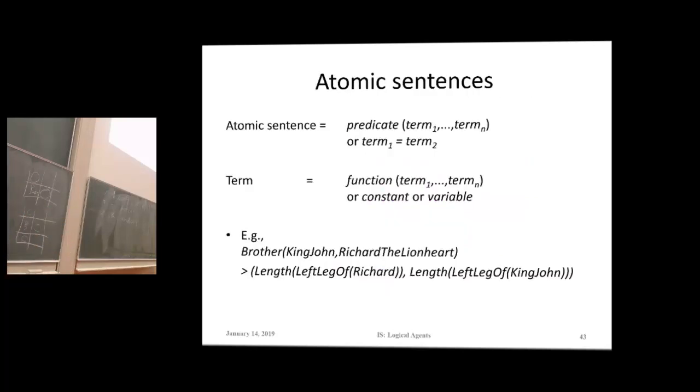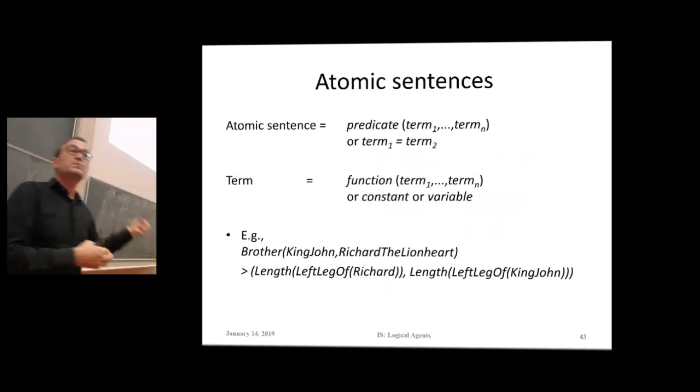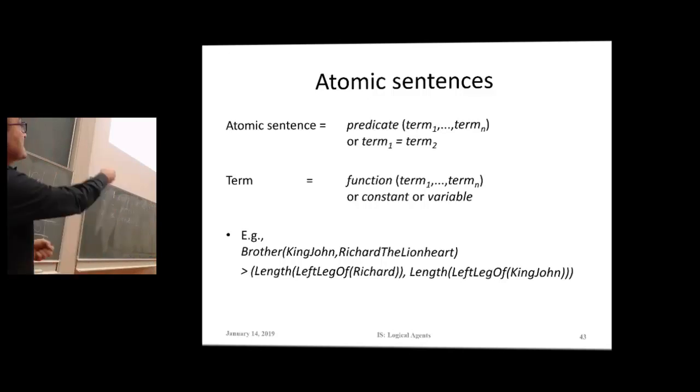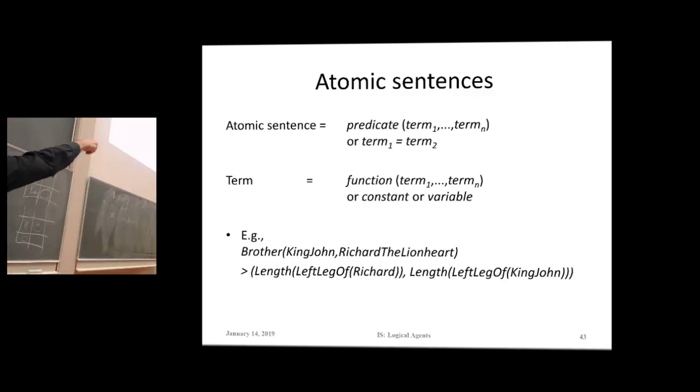specific one. So the definition again is now, we start not only with propositional variables, but we start with atomic sentences, and they can be either predicates, so binary, unary, and so forth, or terms, equality between terms, and a term might be a function, or a constant, or a variable.